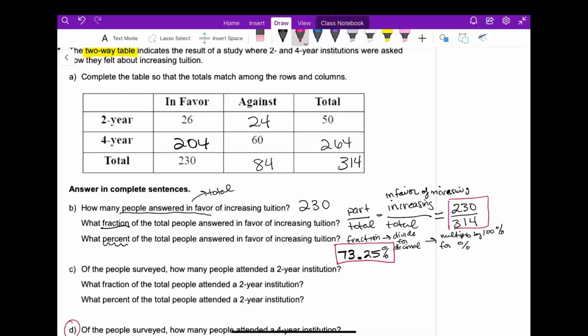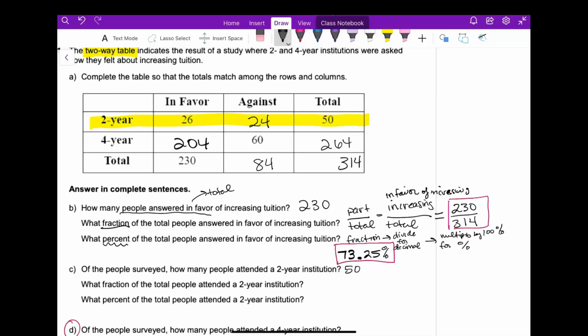Let's do another one. Of the people surveyed, how many people attended a 2-year institution? So of everybody that was surveyed, how many people attended a 2-year institution? So let's focus your eyes here. I have 2-year institution, and so my total is 50 people. 50 people attended a 2-year institution.